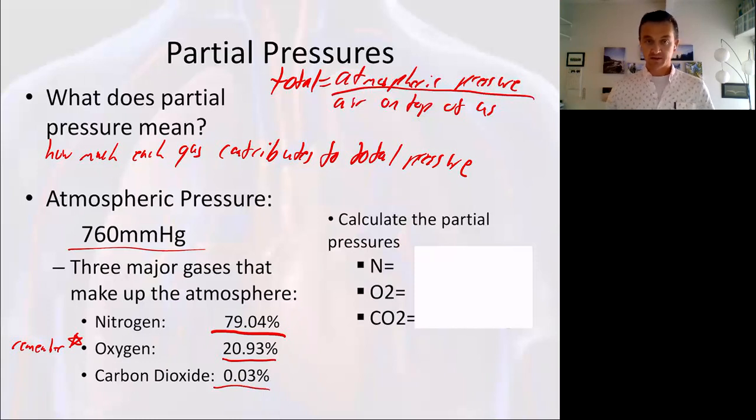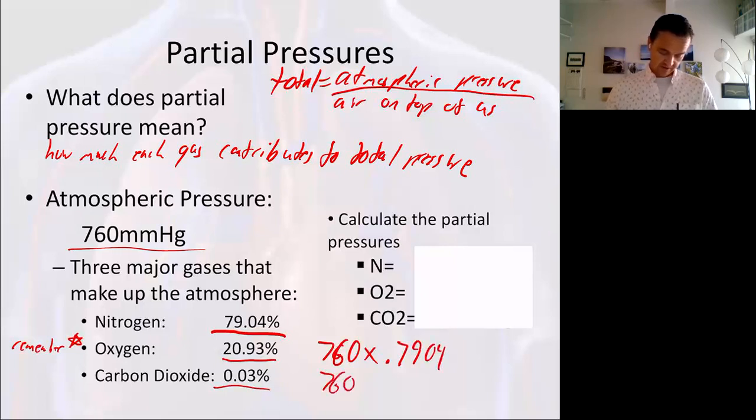Okay, so how do we get partial pressures? It's a pretty simple process, really. We take our total pressure, so we take our 760, and we multiply it by the decimal form of those percentages, right? So if we want to get nitrogen, multiply by 0.7904. We want to get the partial pressure of oxygen, multiply by 0.2093.